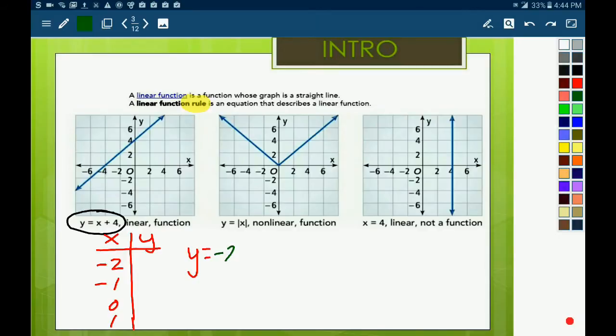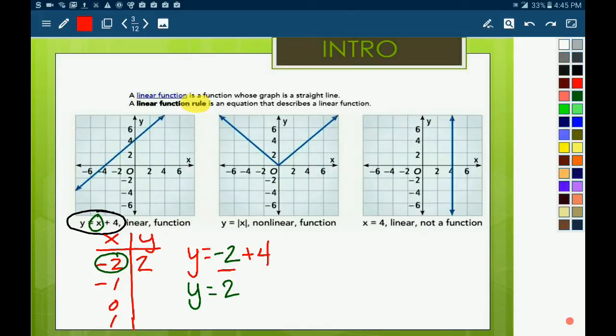I'm plugging in -2 where x once was. So really this does say y equals x plus 4, but I've plugged in this -2 right there in for where x is in the equation. So really y is equal to 2. The output is 2 when the input is -2. So I'm going to write 2 in my table.